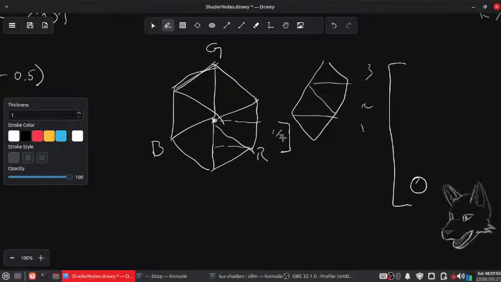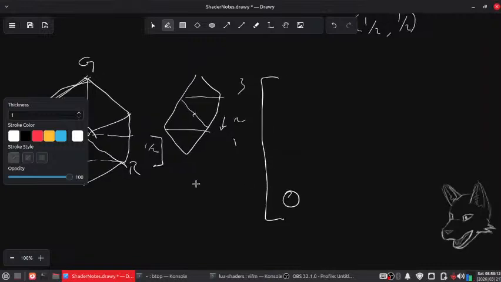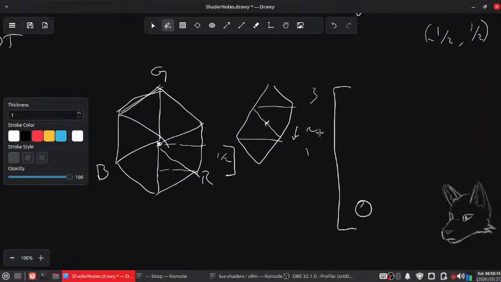This is 1/2. So from the side, we know that red, right? This is 0. So it's minus a third. So we know that red is going to be minus 1/3, right?